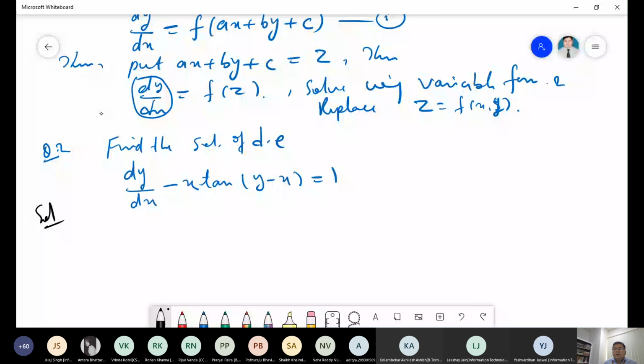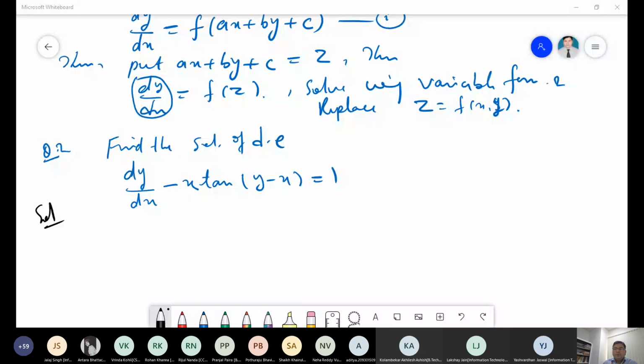We cannot apply it, because we cannot separate the variables. But we can apply the remarks so that it can be reduced.